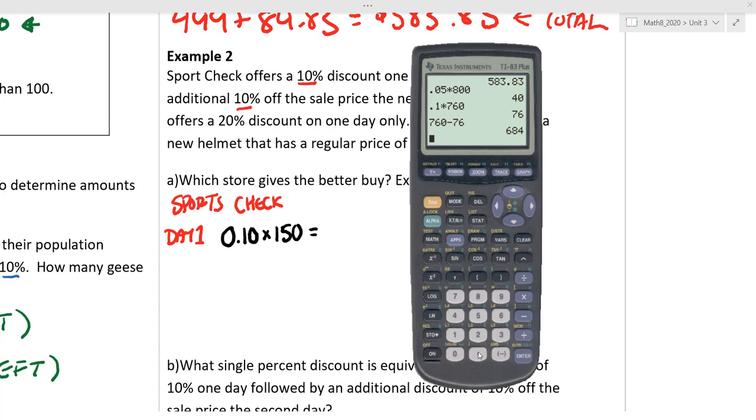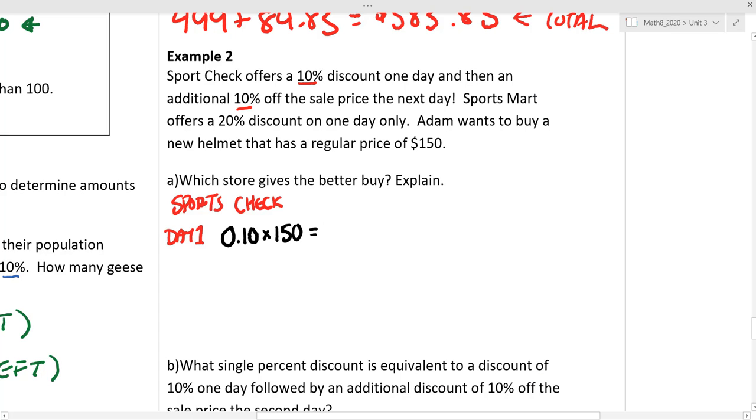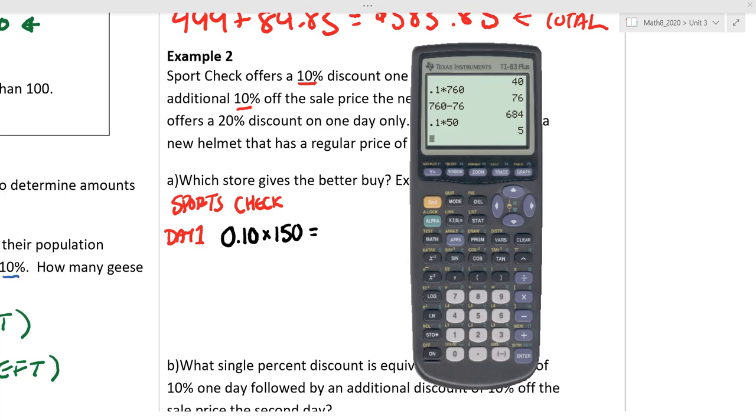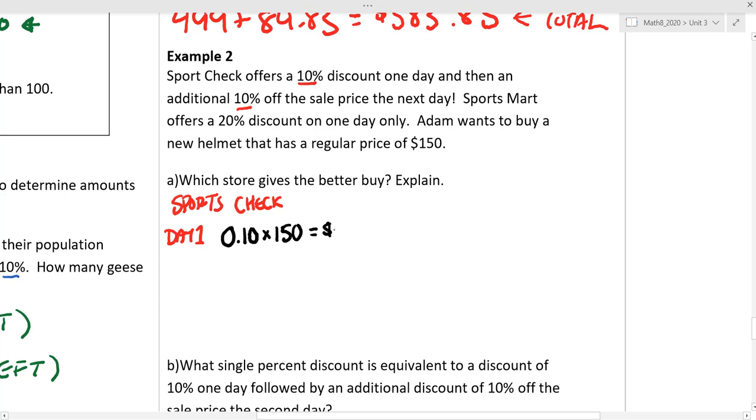So you go 0.1 times 150, which is $15 off. So first day you get a discount of $15.